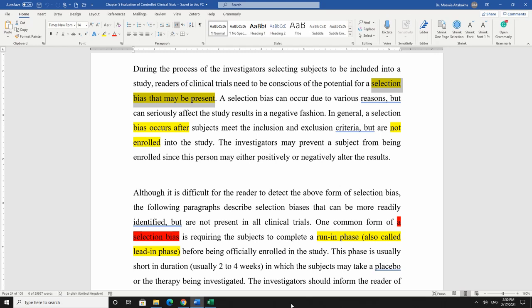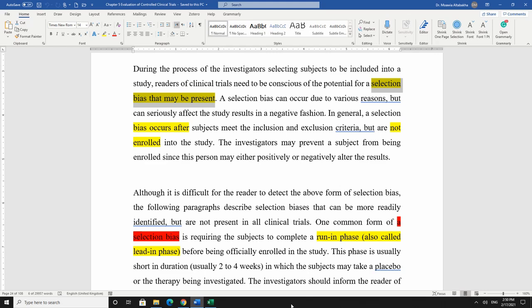But then, for some reason, after recruiting them, you removed some subjects. Okay, you did not like some subjects. So here we will have selection bias, because they met the inclusion criteria, but you removed them. And you removed them. Why? This is the big question that can really tell you whether there is a selection bias or not.